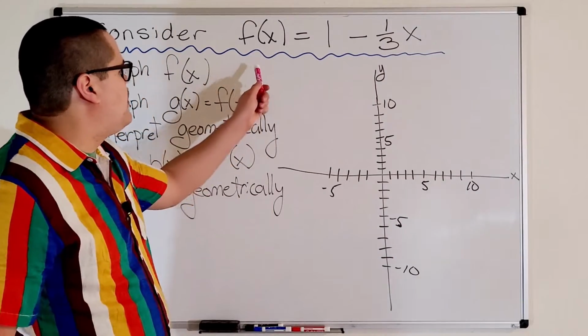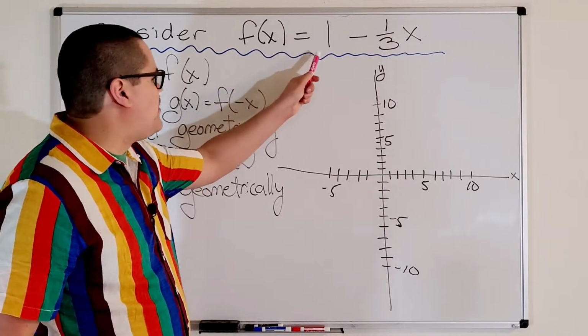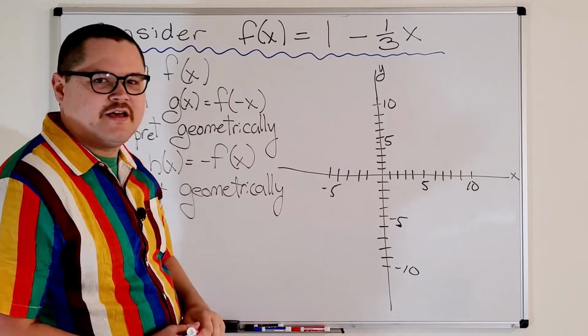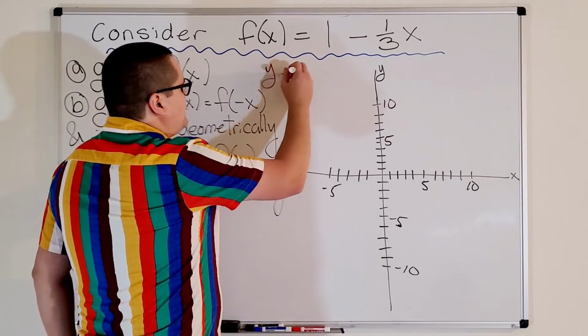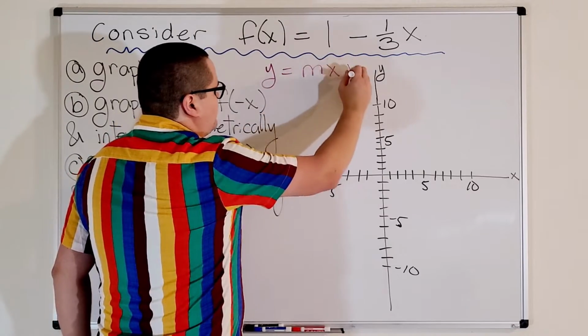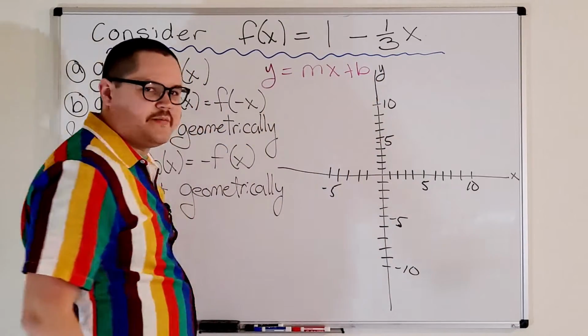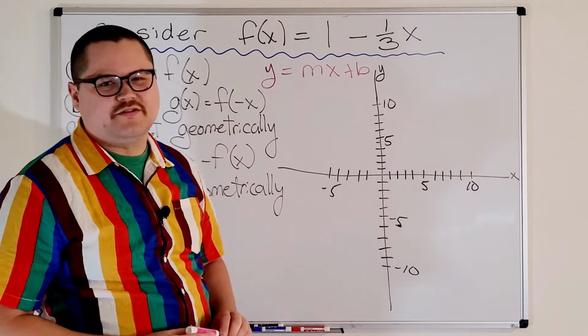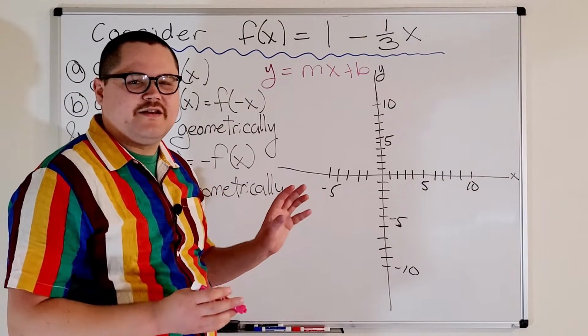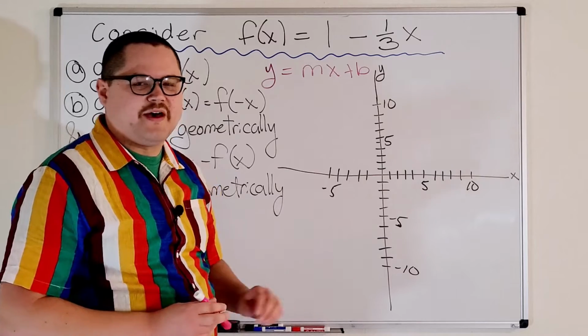Okay, so f of x is 1 minus 1/3 x. Well, we're used to lines being in the form y equals mx plus b, slope-intercept form. And this, although it's a little tricky, is in reverse order from what we might expect.